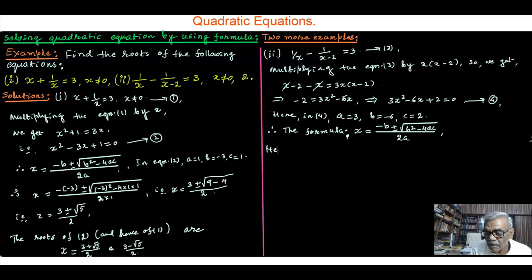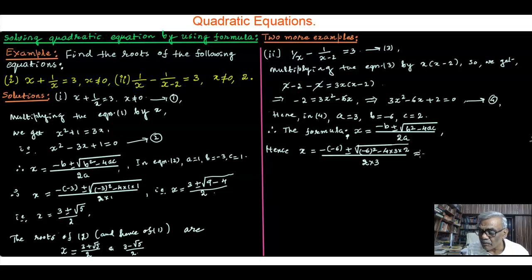And hence by this formula, x is equal to minus b, equal to minus minus 6, plus or minus root of minus 6 whole square minus 4 into 3 into 2, that is c, and this divided by 2 into 3.